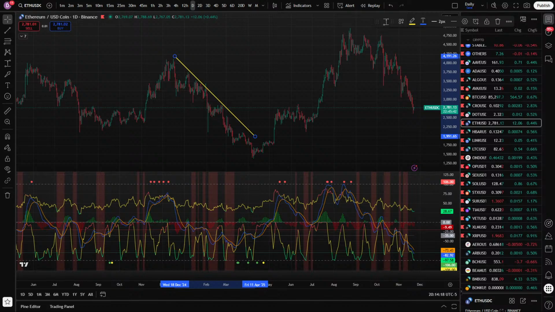So our focus is on a Bitcoin and Ethereum 5 day dot. If there's a 5 day red dot active, you should stay away. We're trying to time a bottom in these kinds of situations.